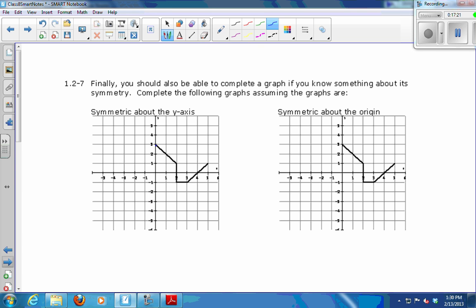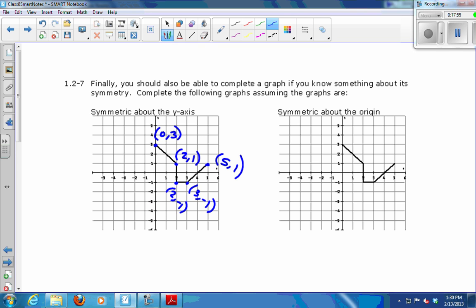So pick out a few key points. So this one's 0, 3. This one is 2, 1. This one's 2, negative 1, 3, negative 1, and 5, 1. And y-axis symmetry, the test was replace x with negative x. That's what you do here. Replace the x coordinate with the opposite of the x coordinate.